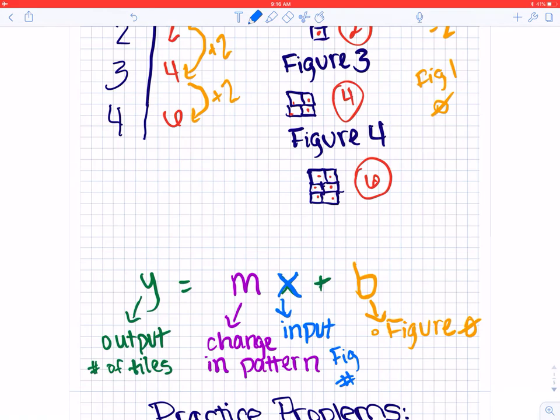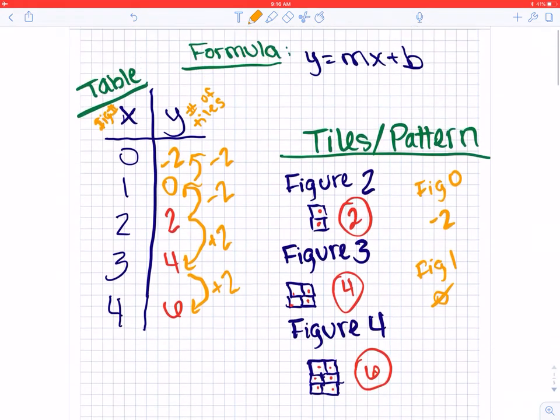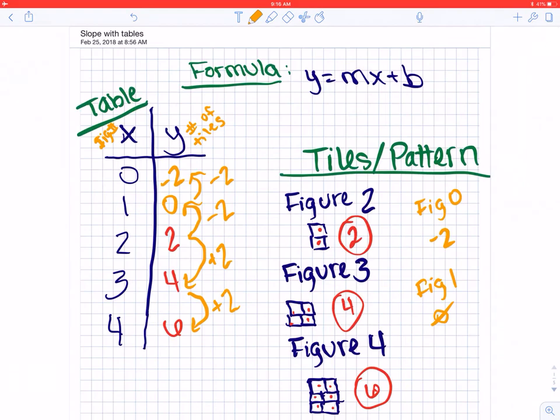My x becomes my input, which is also known as our figure number. And then my b is now my figure 0, because when I'm graphing, 0 and then a number is going to land me on the y-axis. If I don't walk any, but I climb up or down, I'm on the y-axis. So we're looking at figure 0. So if I'm going to fill out my y equals mx plus b, my y stays the same, my x stays the same.